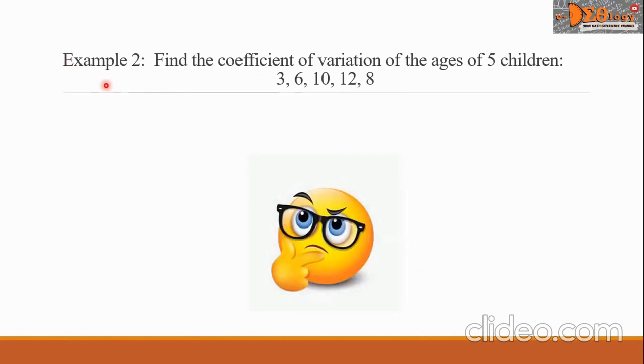Let us see this example 2. Find the coefficient of variation of the ages of 5 children. And the data are 3, 6, 10, 12, and 8.